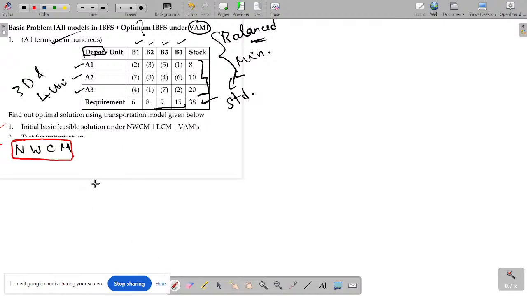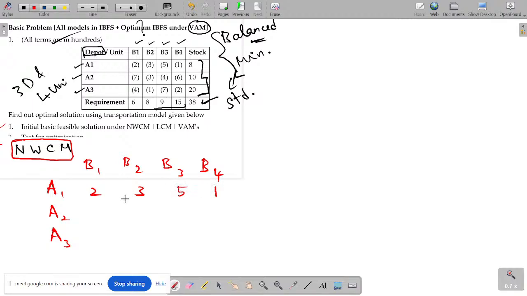Let me have the numbers written. So this is A1, A2, A3, B1, B2, B3, and B4. So A1 to B1 is 2, A1 to B2 is 3. I'm not doing anything, I'm just writing the question, okay? Don't think where I got this number.